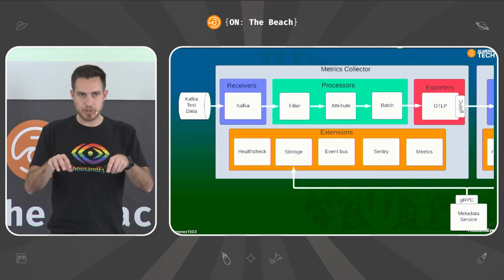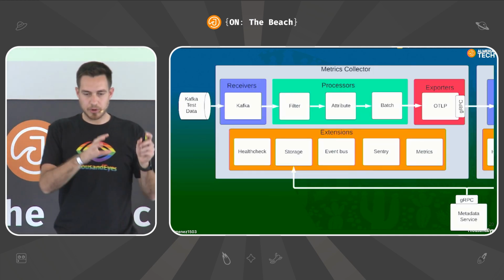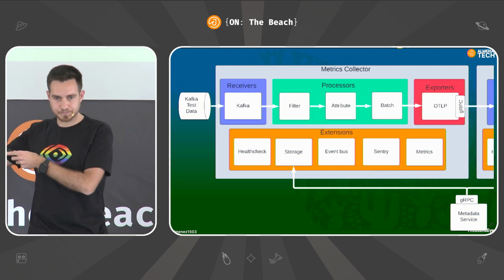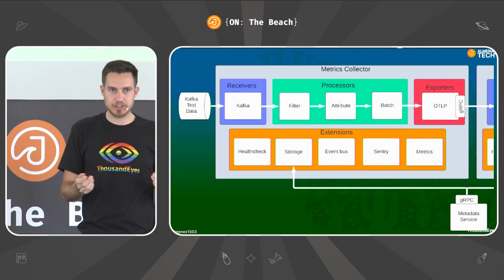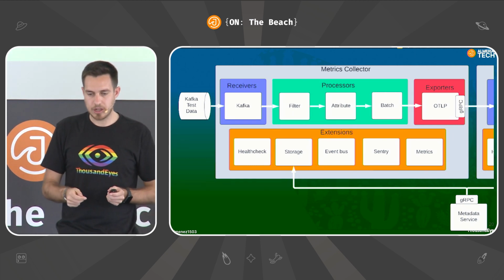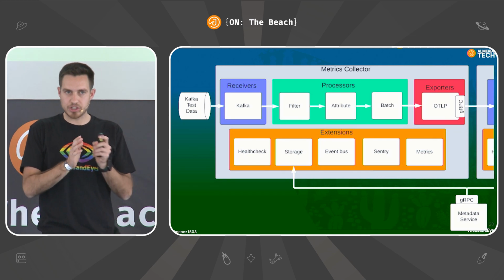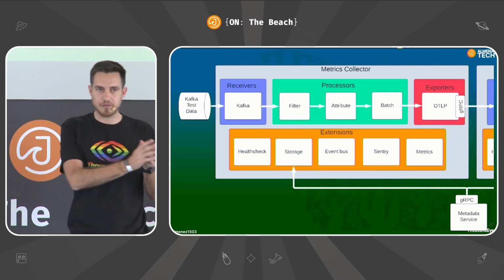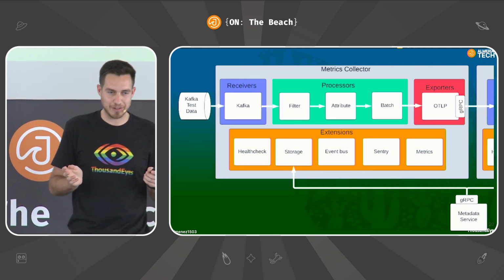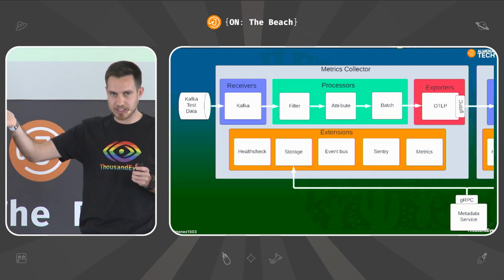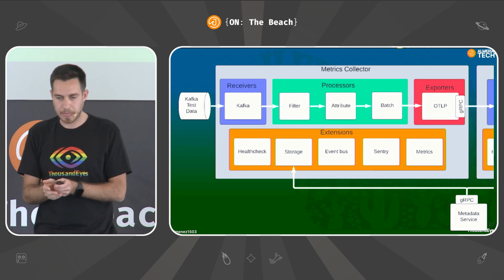Now we are going to zoom in again, and we are going to go component by component. We are receiving the data from Kafka. The Kafka receiver is a component of our collector. And now we are filtering out. Why do we need to filter out? Remember, we said real time. Imagine that there is Kafka lag. Many of you might have had an escalation because of that problem. Of course, we don't want to send data that is old to the customer, so we need to filter out here.